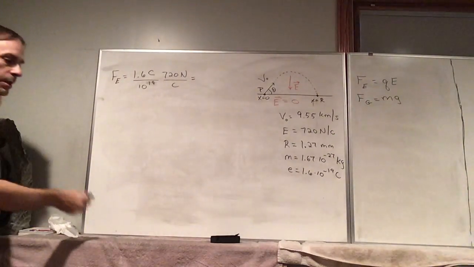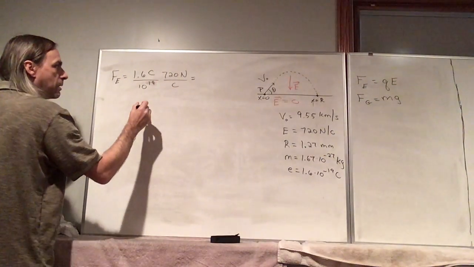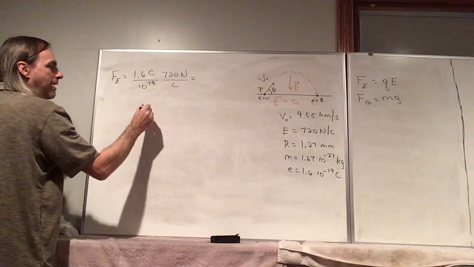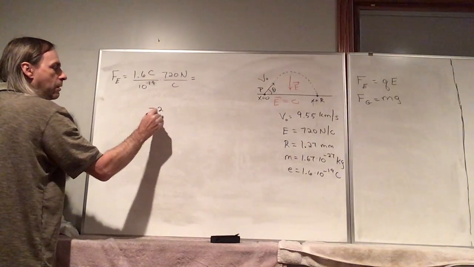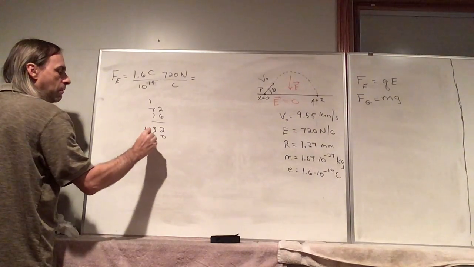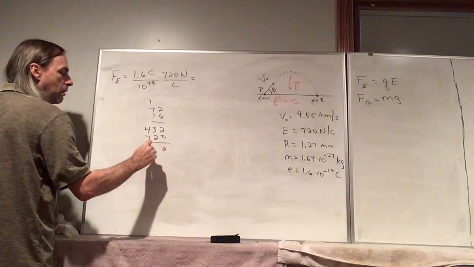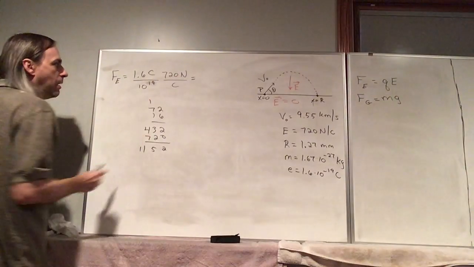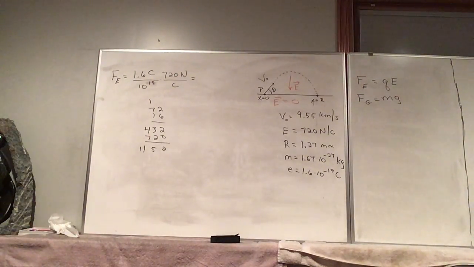So it's 72 times 16, which is 1152 times 10 to the minus 19 newtons.